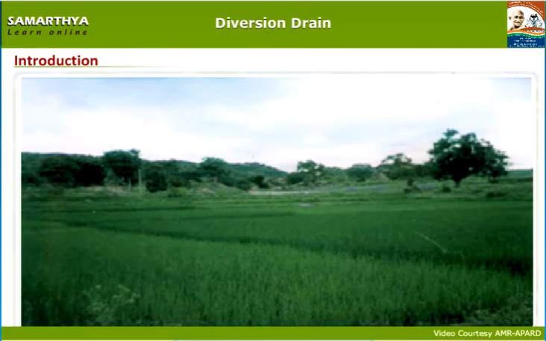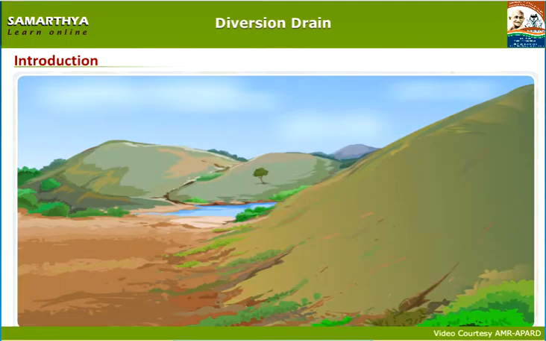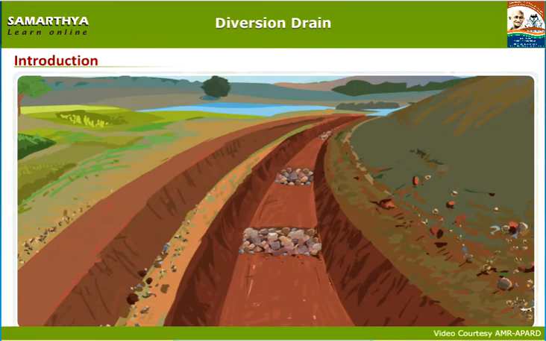These diversion canals are constructed where the natural stream originates. A diversion canal will be constructed where field soil erodes due to runoff water. So, a diversion canal diverts the runoff water and prevents soil erosion.